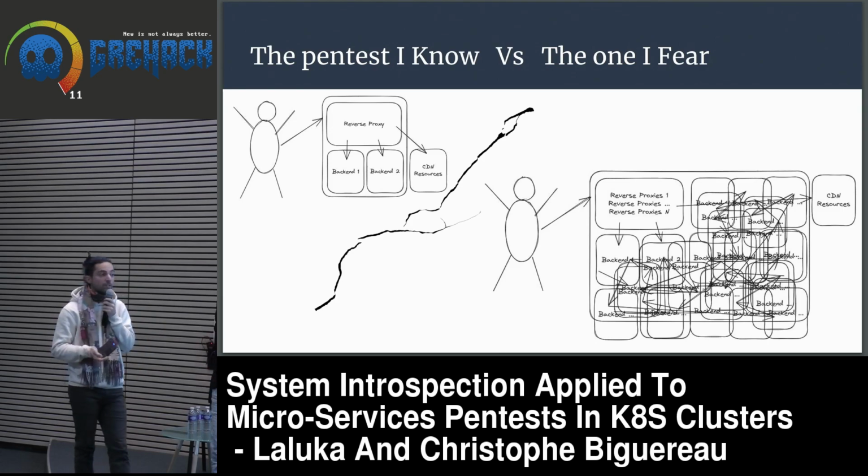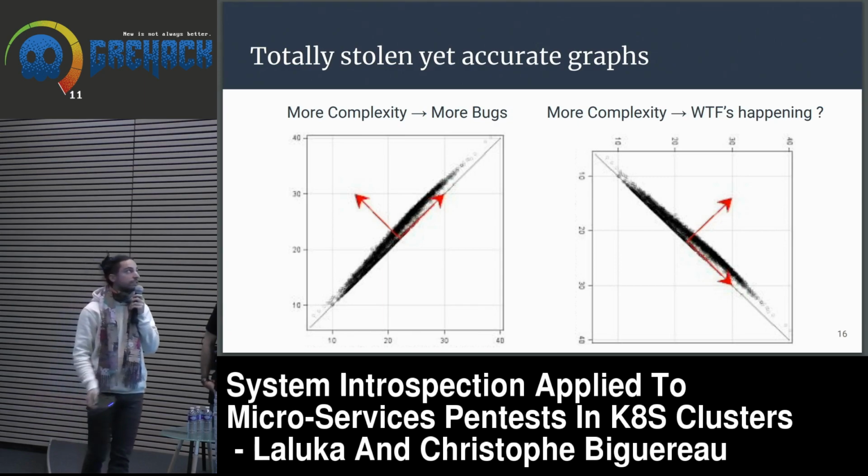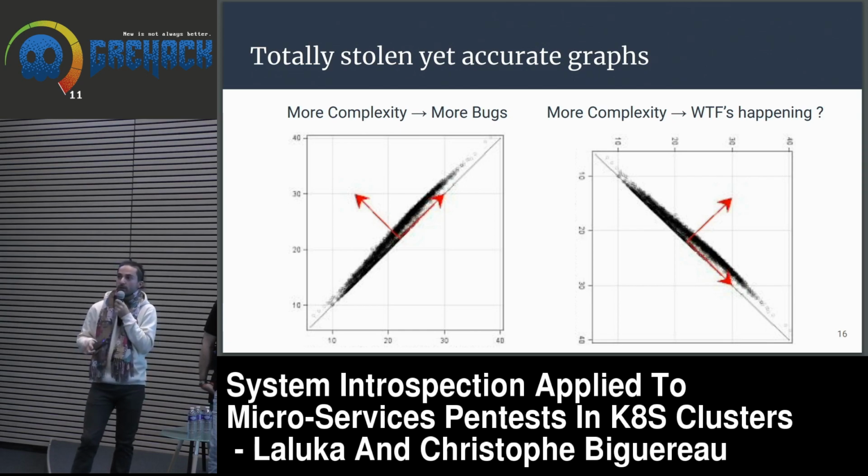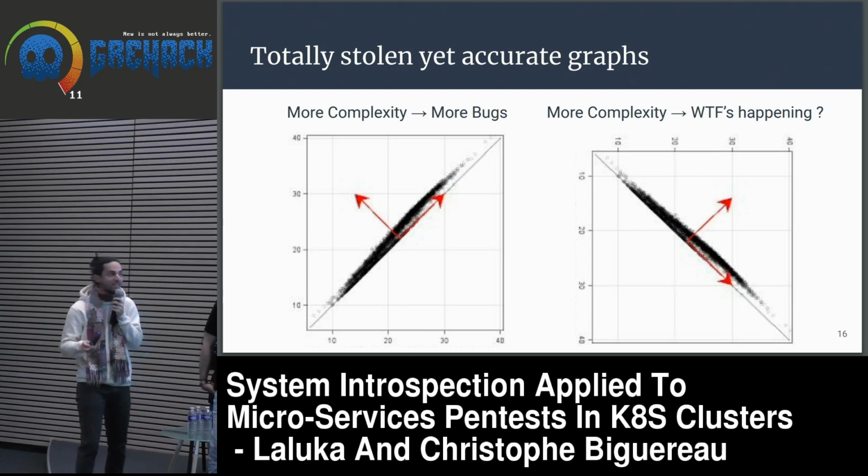We don't know what's happening and which component we are reaching. So the main conclusion is that the bigger an infrastructure or any software grows, we know for a fact that the number of bugs will always scale with the complexity. But with more complexity, it gets way harder to make assumptions on what's happening.